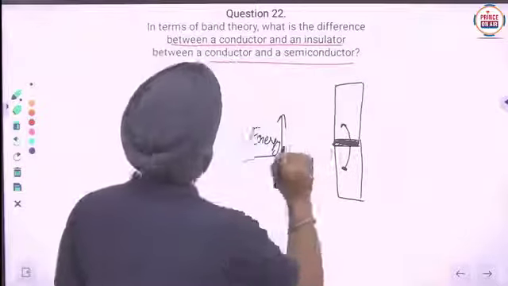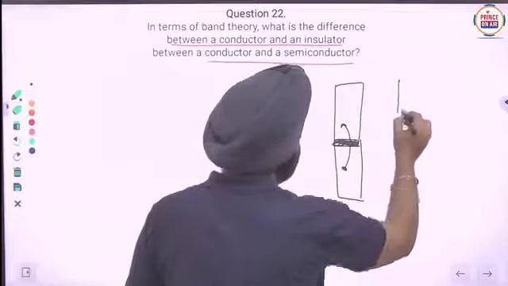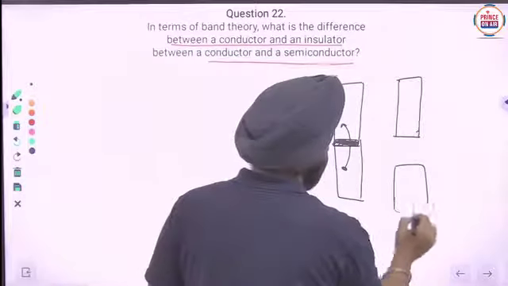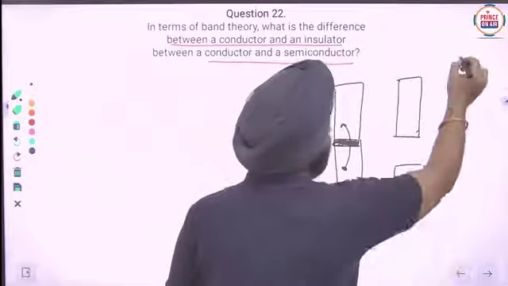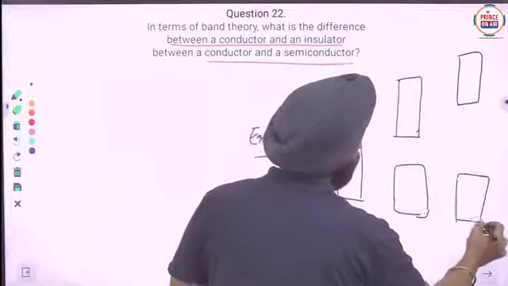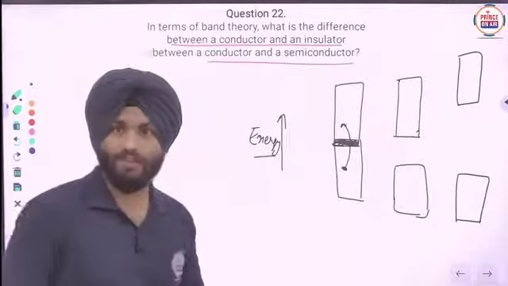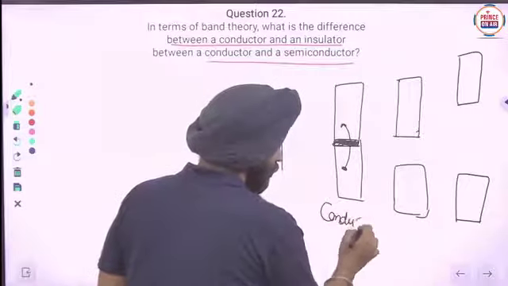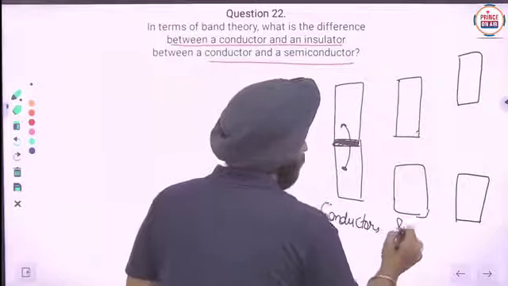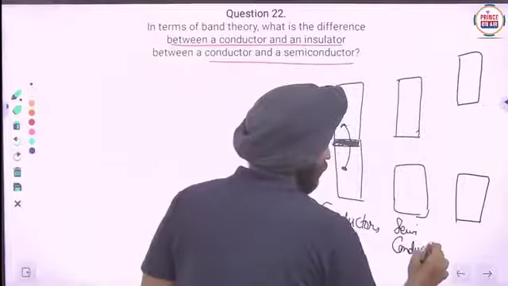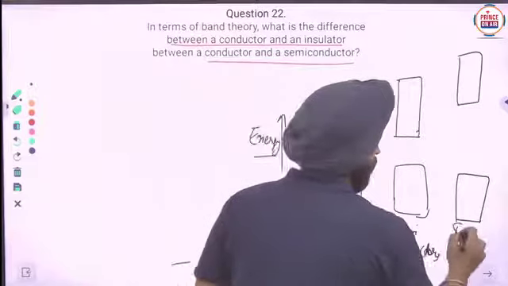But in the case of semiconductors, there will be a gap between the conduction band and valence band, and in the case of insulators, there will be a large difference between them. So that is for conductors, that is for semiconductors, and that is for insulators.